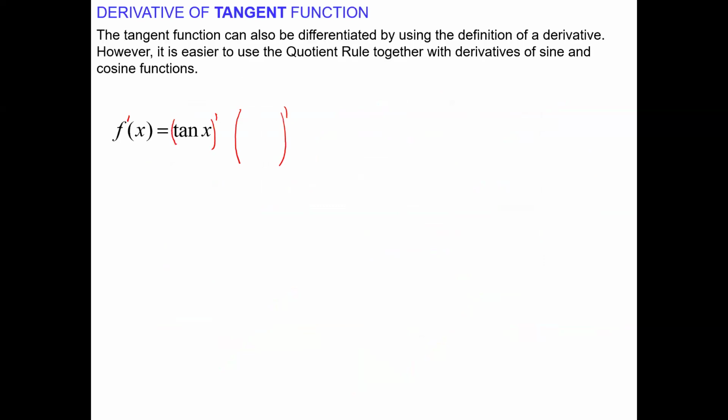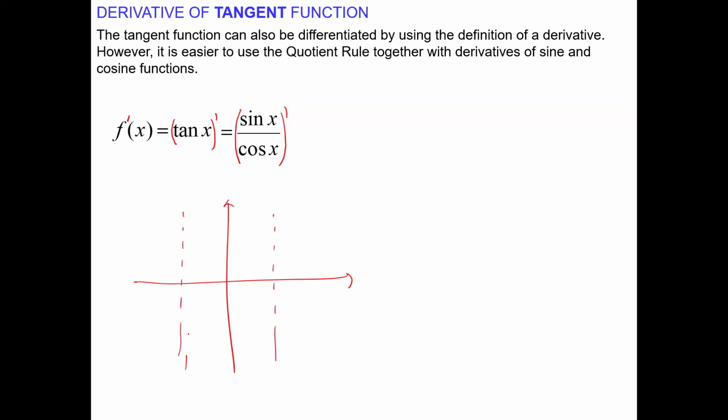Okay, now tangent. Tangent of x, I think it will be a little bit confusing when we try to look at the graph and the tangent lines, because it will be so steep. Tangent function, tangent of x.